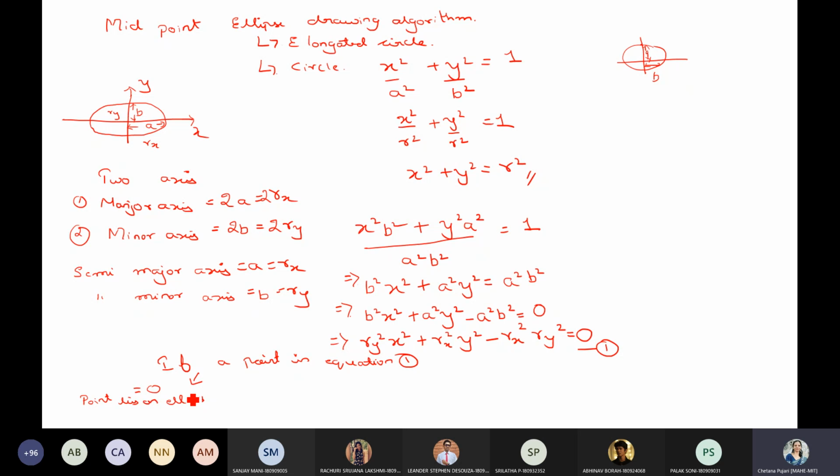There are three different conditions. If it is less than 0, which means it is inside your ellipse, similar to circle. In circle also we had the same: inside the boundary, outside the boundary, on the boundary. And if it is greater than 0, it is outside the ellipse.